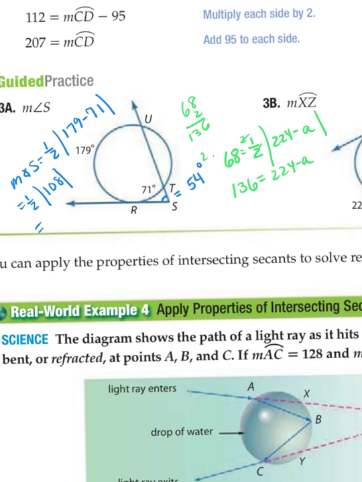So I was talking, but if I did correctly, I've got negative 88 here equals negative a. So multiplying both sides by negative, or dividing by negative, I'm going to find that arc XZ has a measure of 88 degrees.